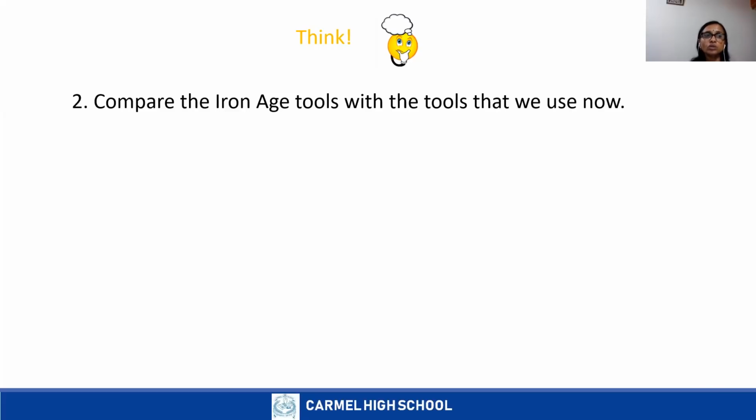Now in the modern age, tools are made of iron as well as other metals, steel also. So utensils made of steel, then plastic, even tools or utensils are made of plastic in the modern age. So let us see the answer.